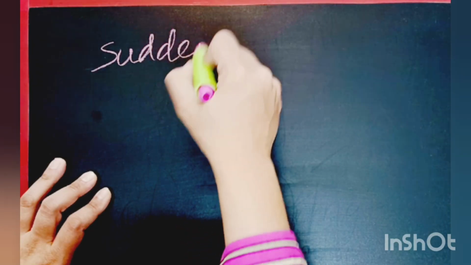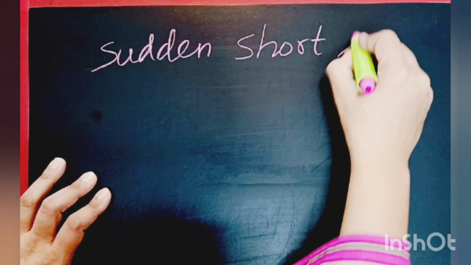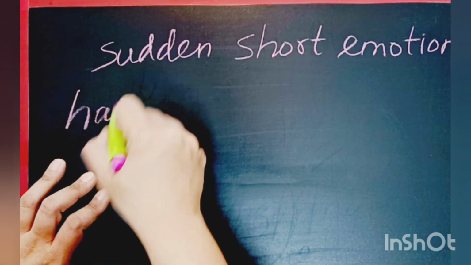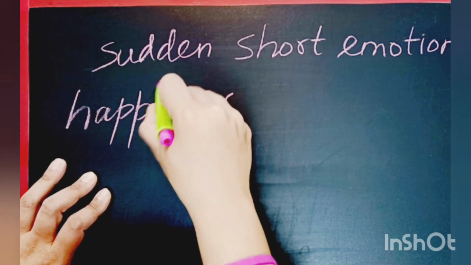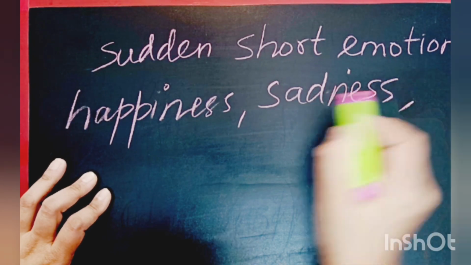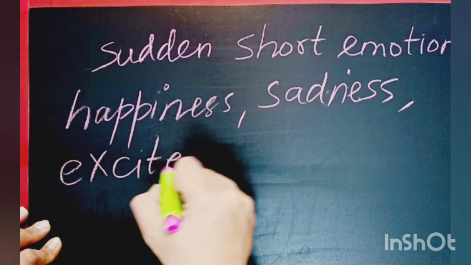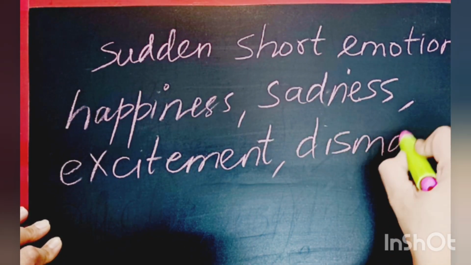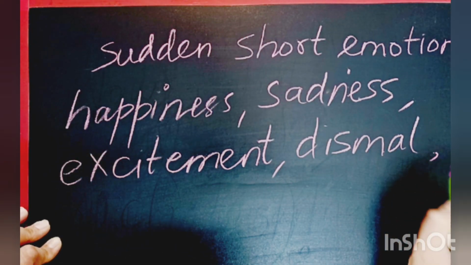So interjections show our sudden, short emotion, be it happiness, sadness, excitement, or dismay, or sometimes wonder.